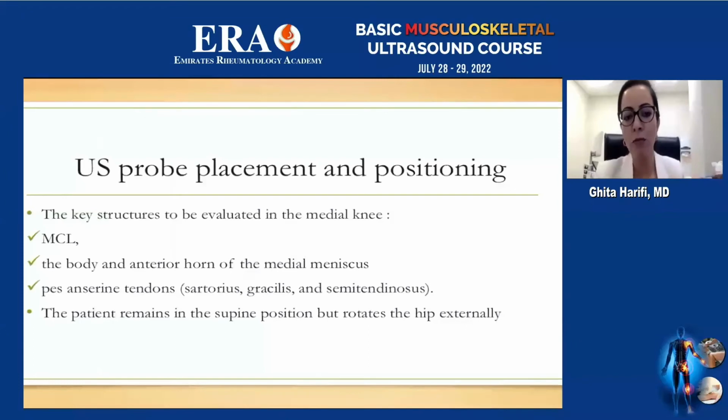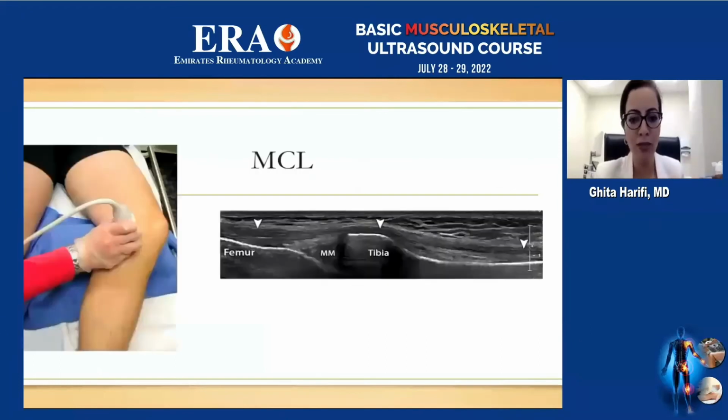Here the patient remains in the supine position but rotates the hip externally, as you can see in this image.